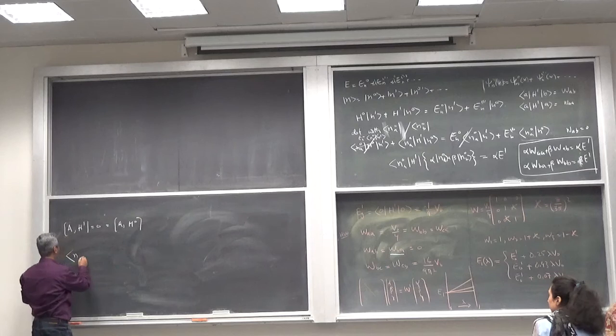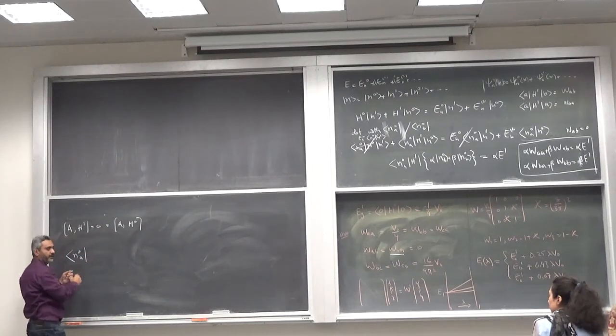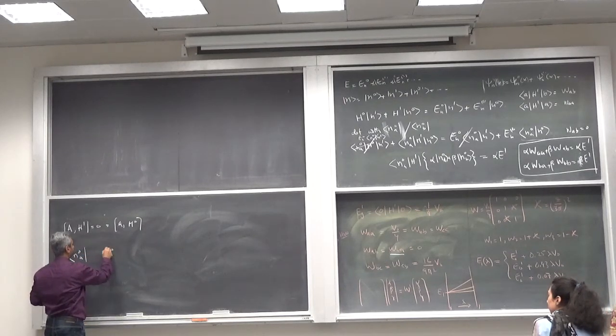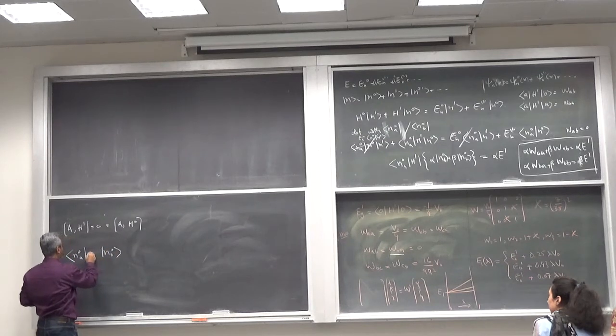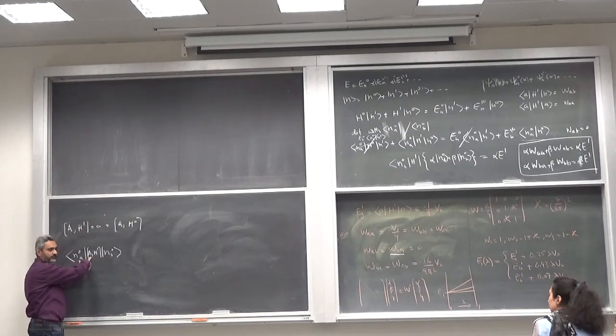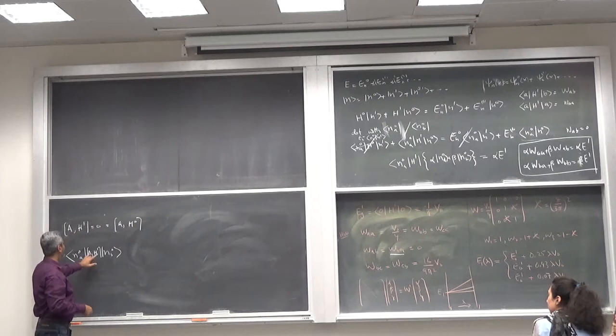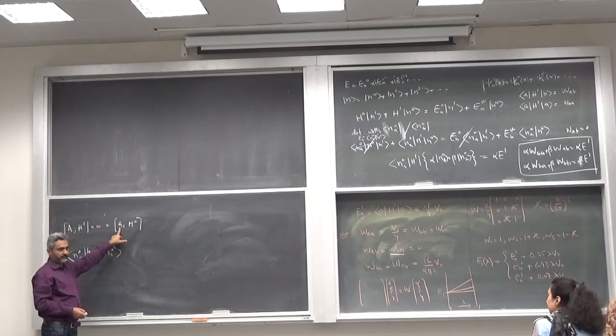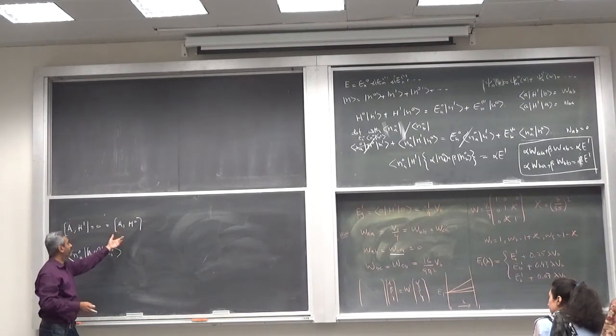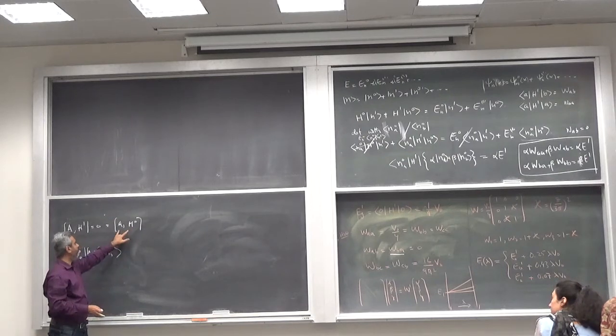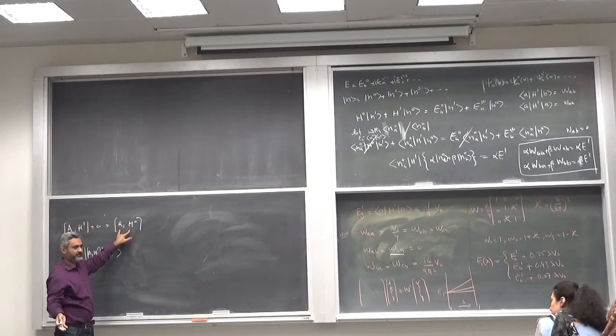If I put this H1 in there, these are also eigenstates of A, or you can make a linear combination of these to make them eigenstates of A. You understand? We've talked about this. When they commute, you can always choose a set of common eigenstates that forms a basis.